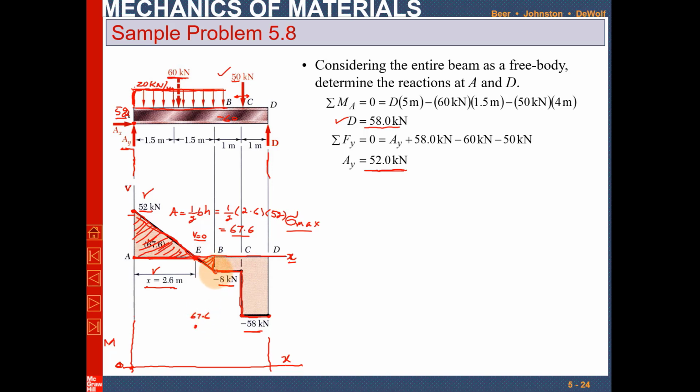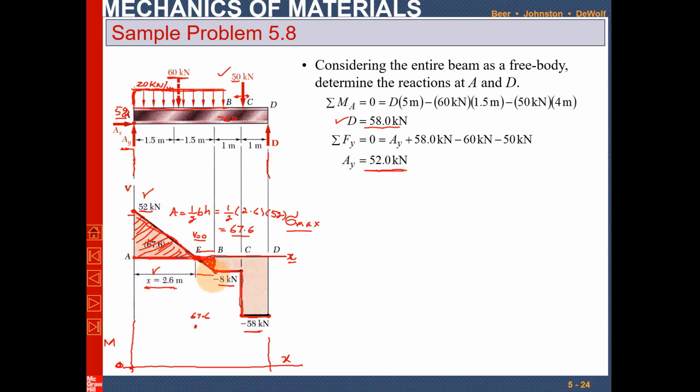Now at point B, we also have to find the bending moment. So you can see that the area under the line EB is the bending moment value. So how will you find it? You know that the total length from A to B is 3 meter, and from A to E is 2.6.